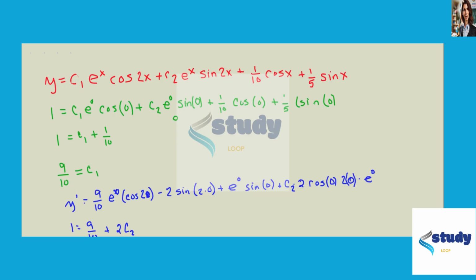Cosine of 0 is 1, so I have 2 times c2, plus my 1/10. Actually, that would be a minus, since the derivative of cosine is negative sine.